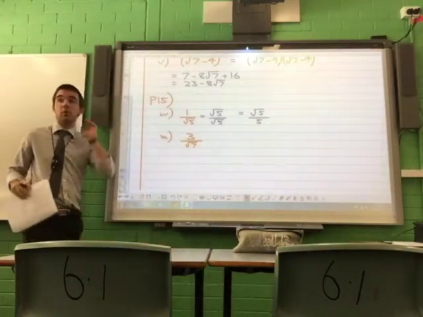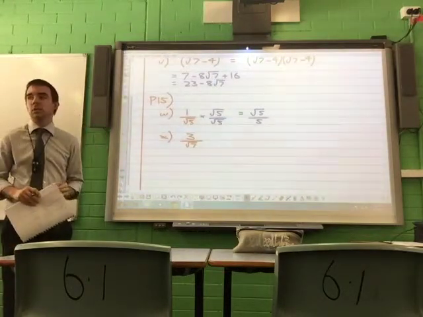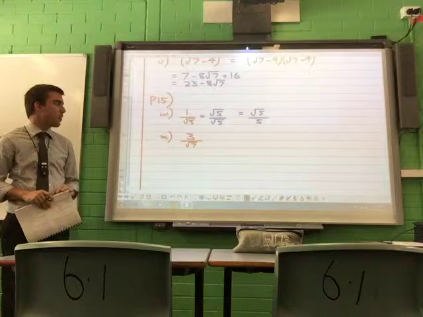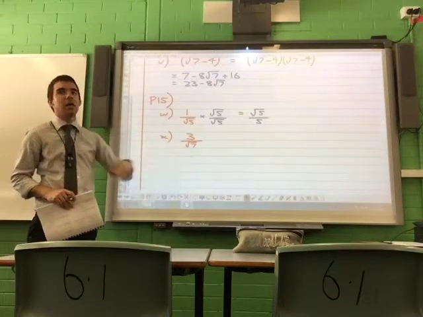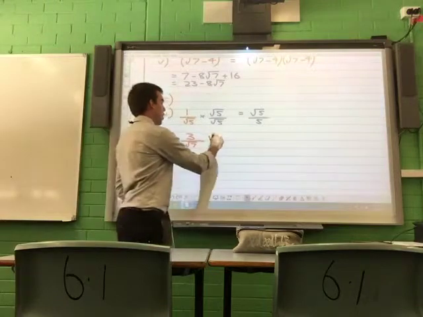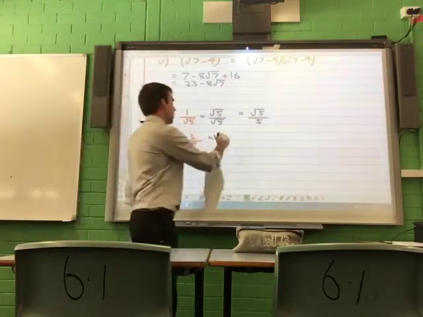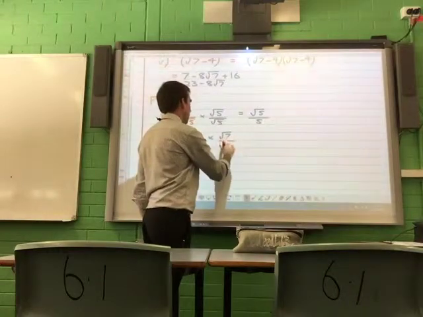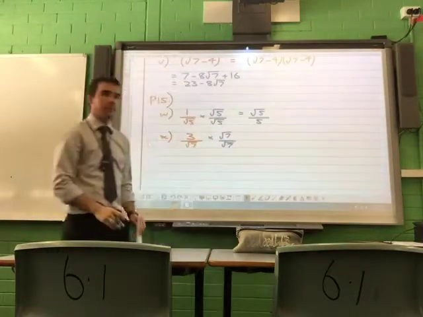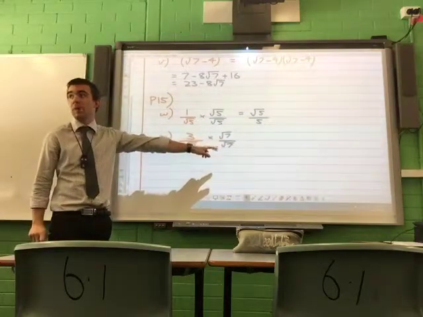Again, this is an example of an irrational denominator. The question asks you to rationalise the denominator. It means we need to make the denominator into a rational number. We achieve that by multiplying both top and bottom by that denominator value, root 7 over root 7. So let's simplify that down. That'll be 1, so we're effectively multiplying by 1.